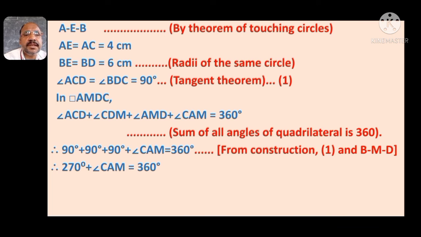Therefore, 270 degree plus angle CAM is equal to 360 degree. Therefore, angle CAM is equal to 360 degree minus 270 degree, which is equal to 90 degree. Therefore, the measure of angle CAM is equal to 90 degree. Therefore, quadrilateral AMDC is a rectangle by definition.